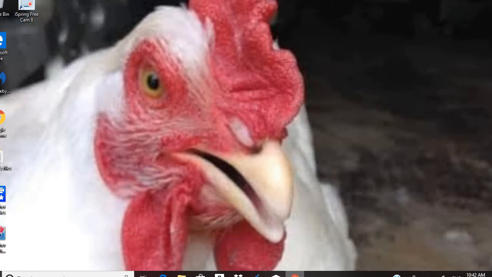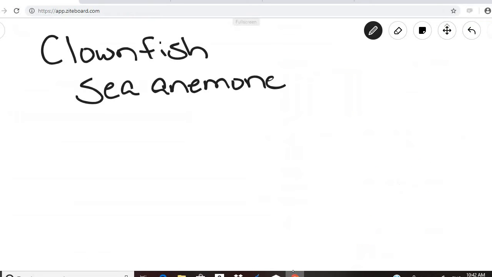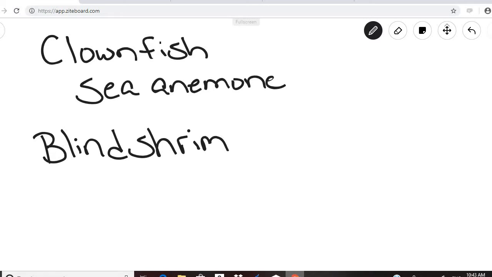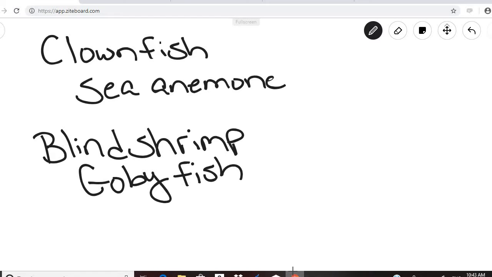Okay, then another symbiotic relationship is between a blind shrimp and a goby fish. The blind shrimp, as its name implies, doesn't see very well, and yet it lives in a burrow in the sand.